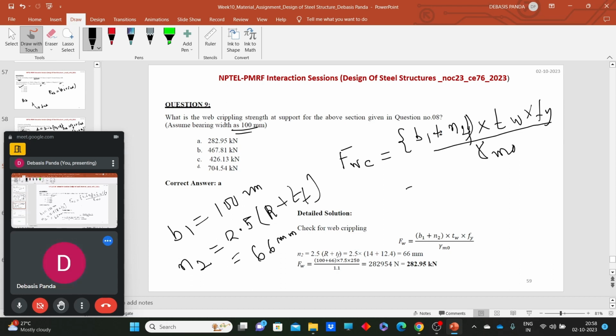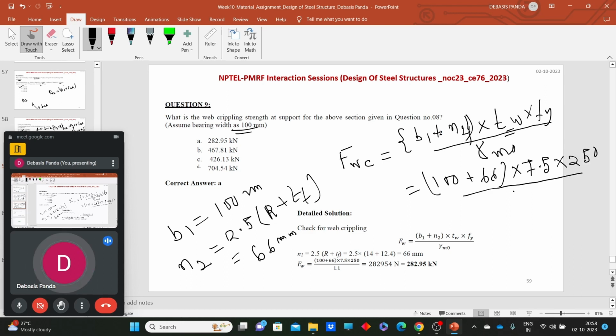Now plug all these values here. So 100 plus N2, which is 66, multiplied by the value of TF, given as 7.5, multiplied by TW, the thickness of web, multiplied by 250 divided by 1.1.